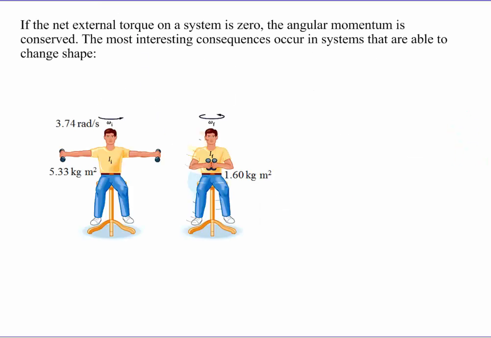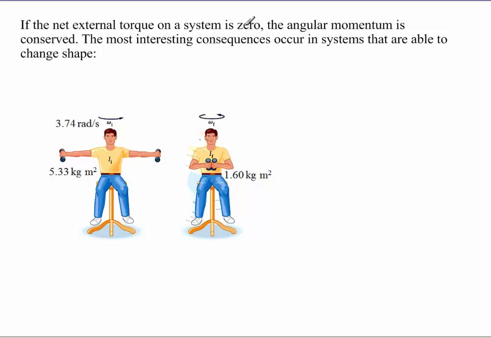All right, this is an interesting problem here. You have an individual spinning at 374 radians per second. He has a moment of inertia of 5.33 kilograms meters squared. He's going to pull in these little dumbbells, and now his moment of inertia is going to change.